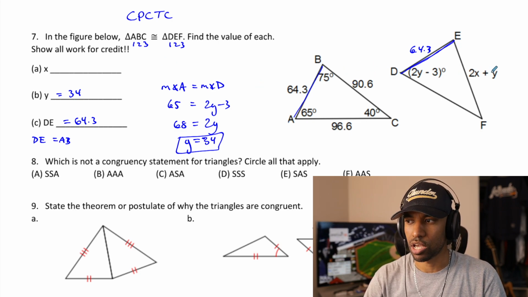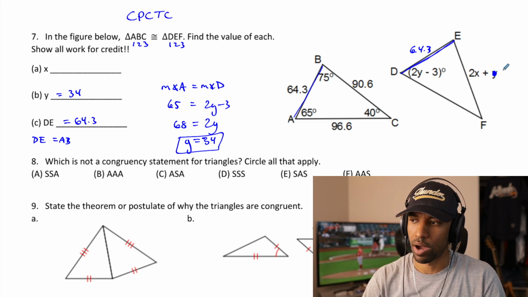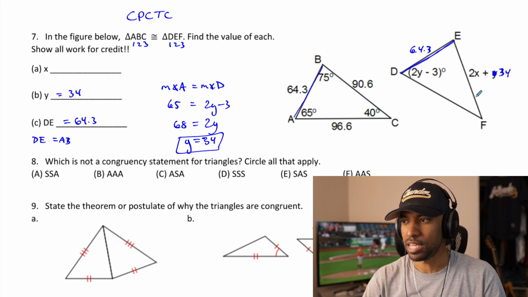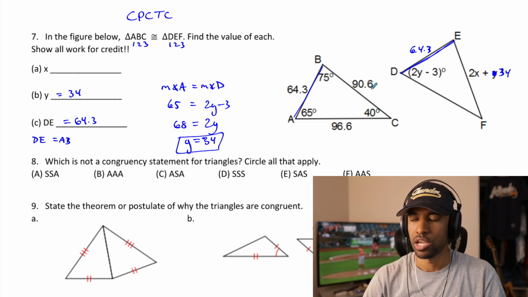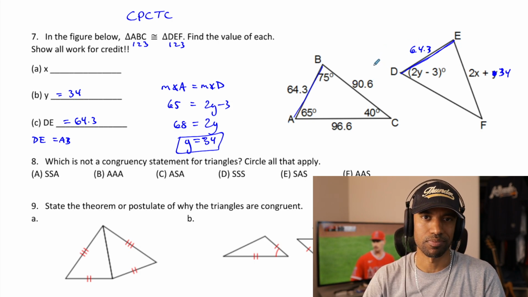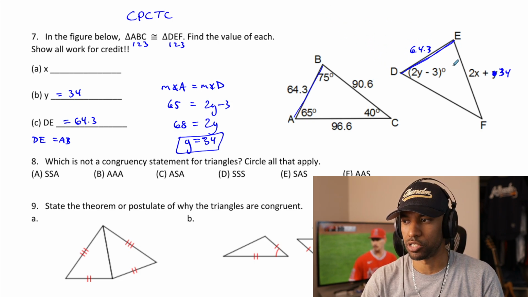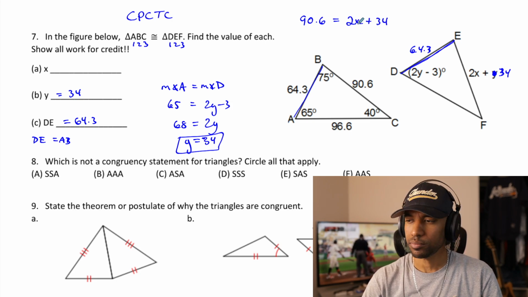And the last one, x. It looks like to solve for x, I probably needed to get y anyway. So now that I know that y is 34, I can rewrite this expression here as 2x plus 34. And then EF, being the second and third letters, corresponds to BC, which is 90.6. It's a decimal answer, apologies there. But 90.6 from segment BC equals 2x plus 34, which is segment EF.